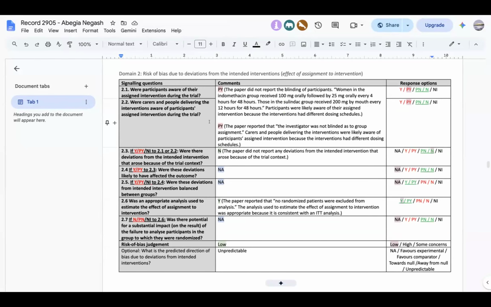Later in the exercise, in another domain, they ask if the person who assessed the outcomes knew the intervention group. So our interpretation was that the investigator was not among the people delivering the intervention, but he was the one assessing the outcomes.